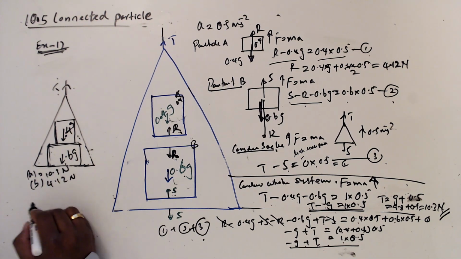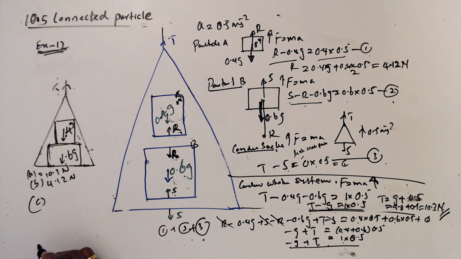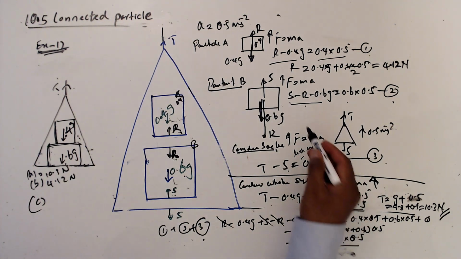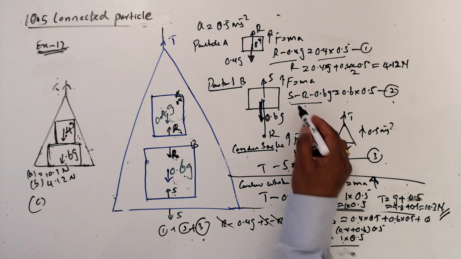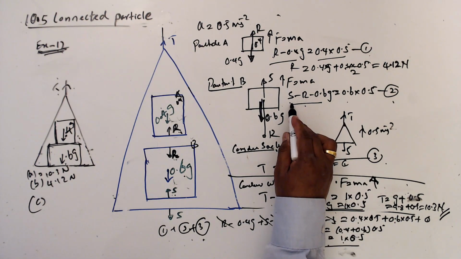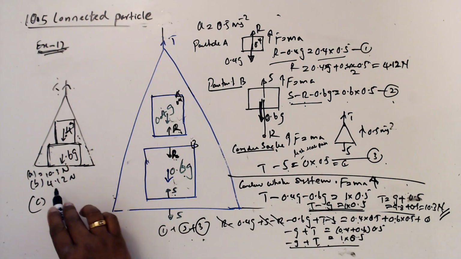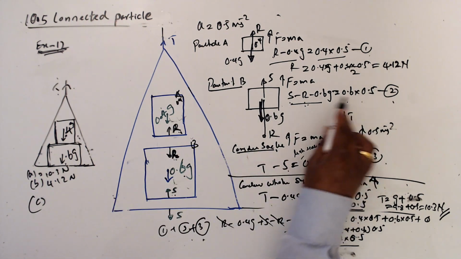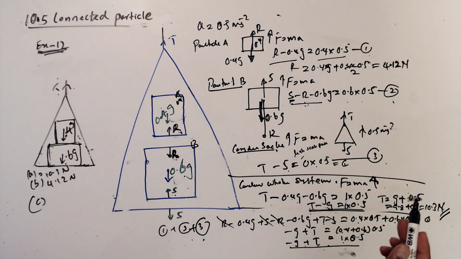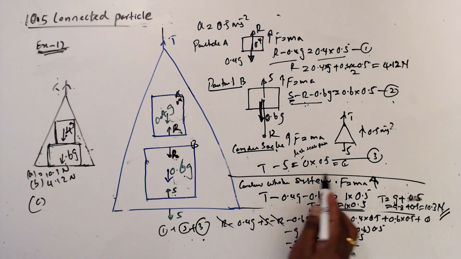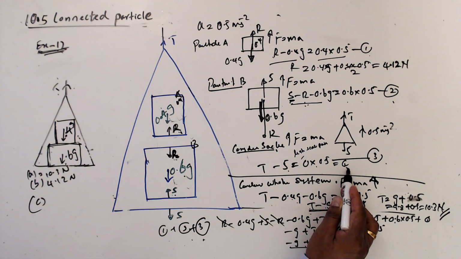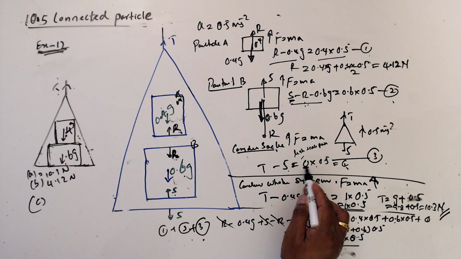And now part C, find the force exerted on mass B by the scale pan. So we can do it in two ways. One is this one, in this equation R we found out already is 4.12 and we can find S. Or the simple one is this one. This is equal to 0 because there is no weight on the pan.